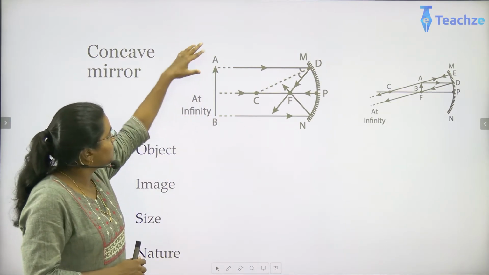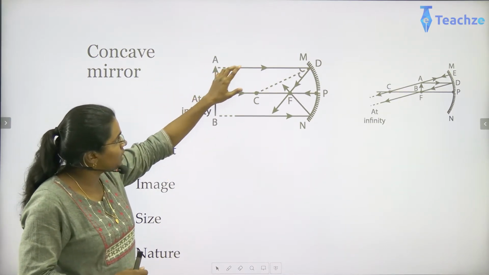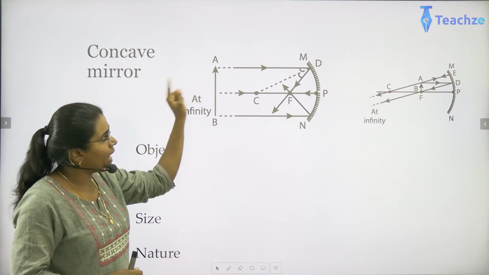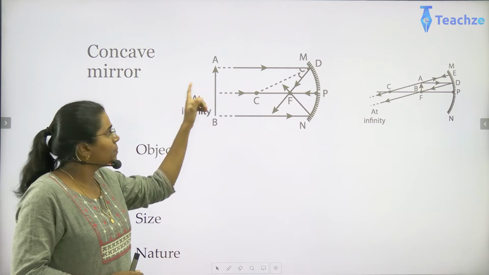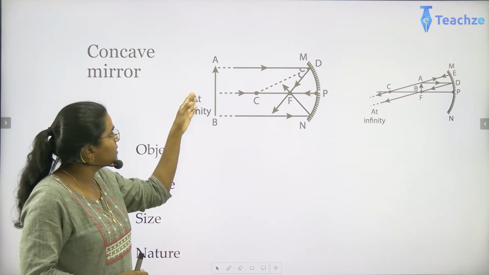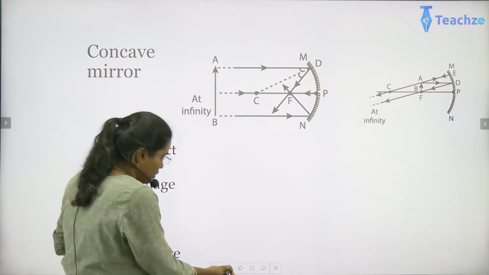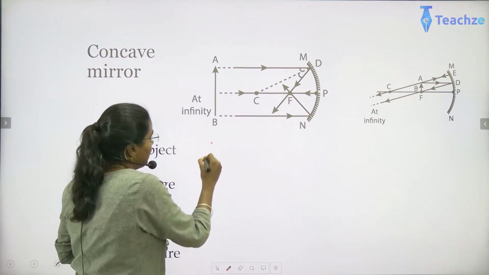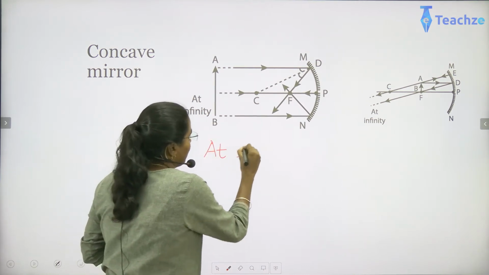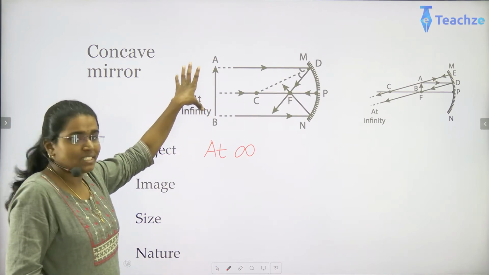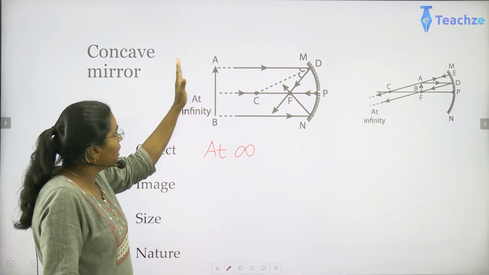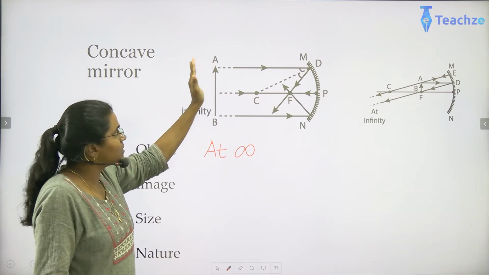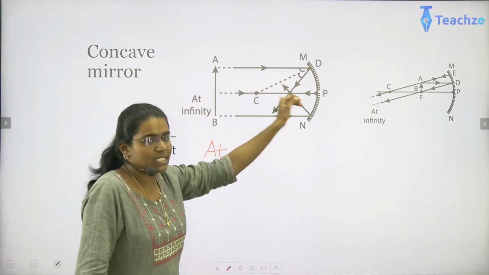Now our object is AB and the image will be A dash B dash. I have kept my object at AB, that is at infinity. When my object is at infinity, the first rule in the ray diagram: the light from the object goes parallel to the principal axis.